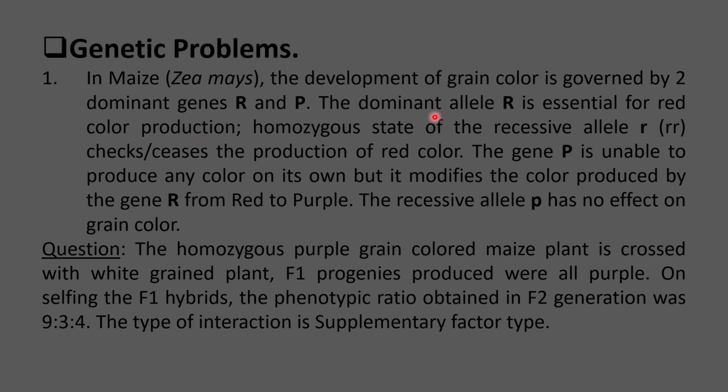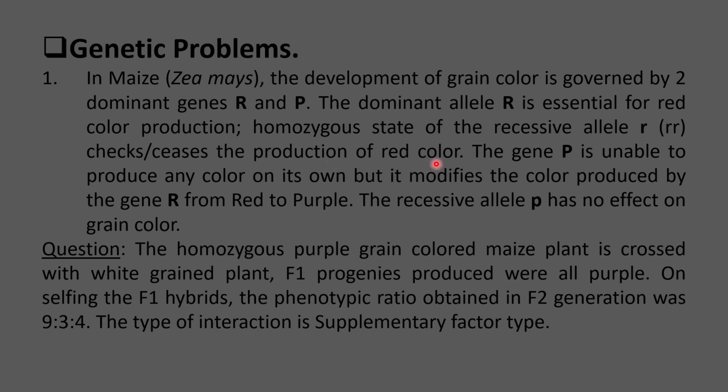What the question is saying is that whenever the dominant allele R is present, it produces red color of the grain. And whenever R is in homozygous recessive condition, that ceases the production of red color.